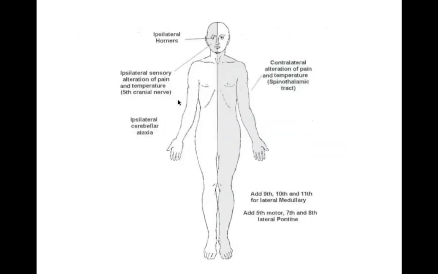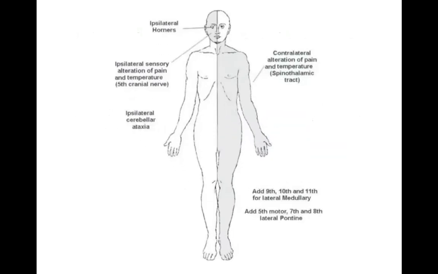Another characteristic finding in an infratentorial lesion is alternating sign. In contrast to a supratentorial lesion, where everything is contralateral, in an infratentorial lesion it's alternating. For structures located above the neck, the manifestation is ipsilateral, but for the manifestations below the neck, they are contralateral.